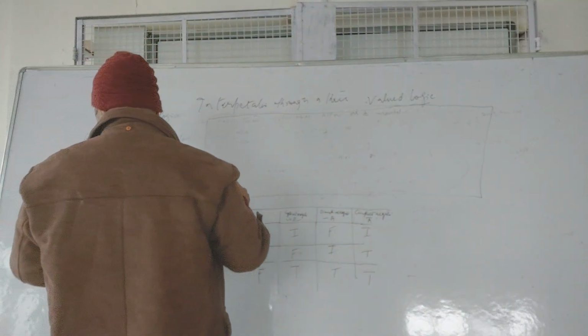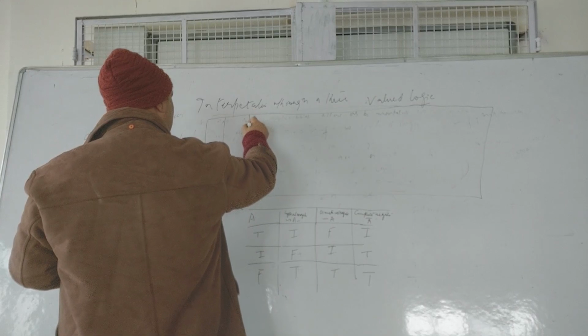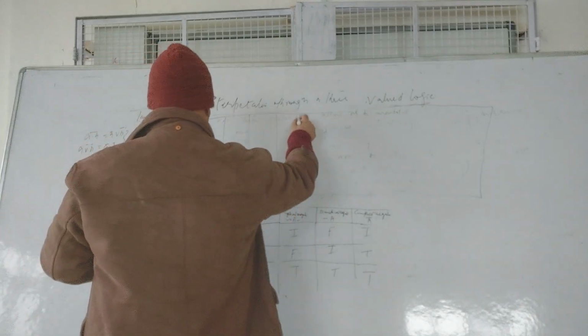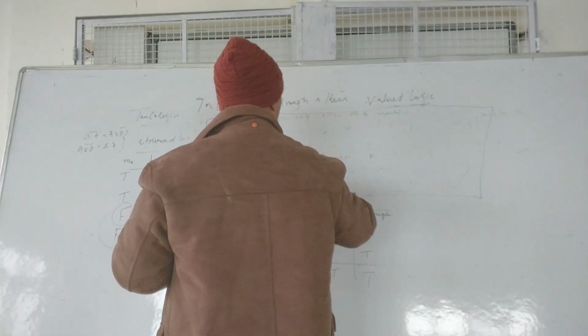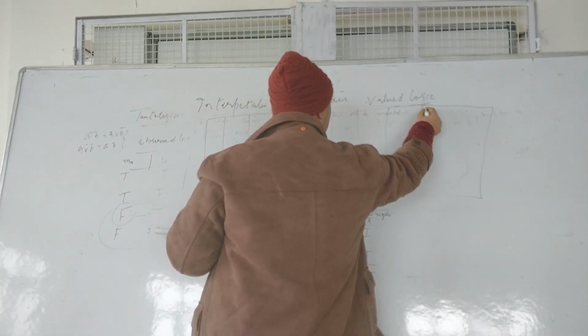For example, we are going to have 1, 2, 3, 4, 5, 6, 7, 8.